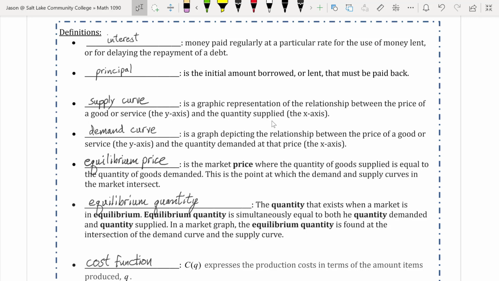We also have equilibrium quantity, the quantity that exists when a market is in equilibrium. Equilibrium quantity is simultaneously equal to both the quantity demanded and quantity supplied. In a market graph, the equilibrium quantity is found at the intersection of the demand curve and the supply curve.